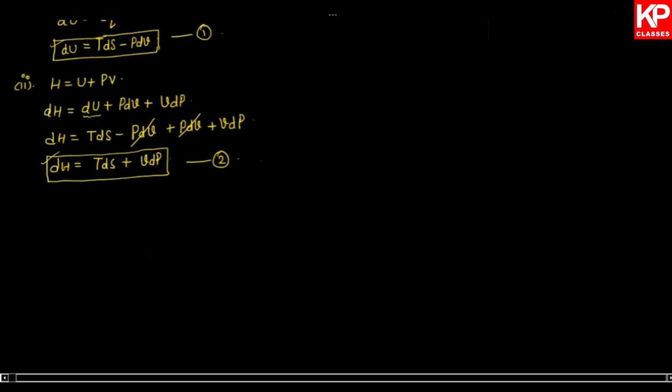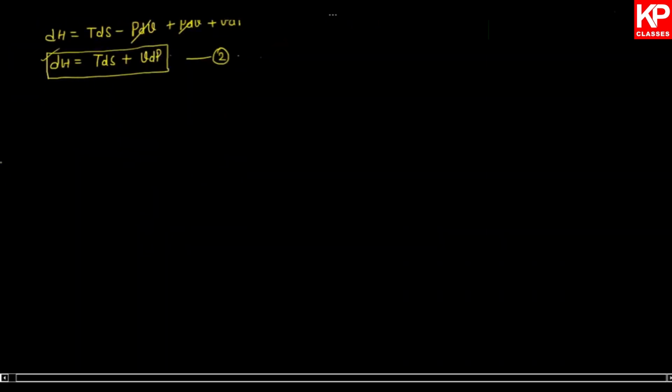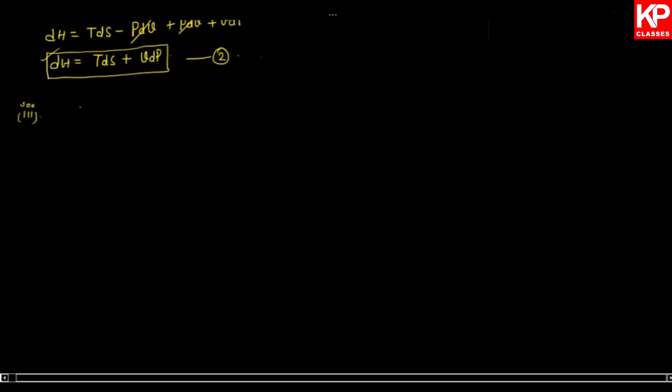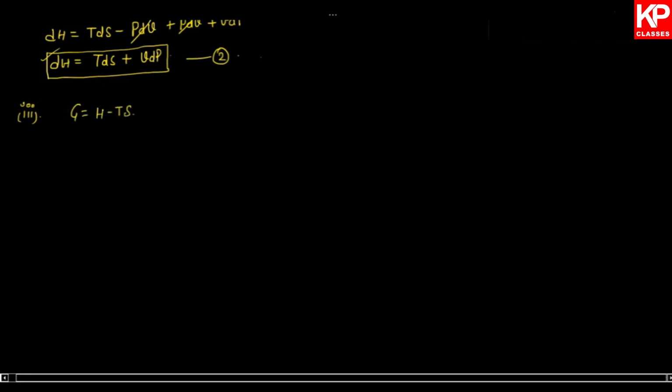All right. Very good. So then calculating for the Gibbs free energy part, we already know that G is given by H minus TS, right? So we will be just differentiating the complete expression, and it will give dG equals dH minus TdS minus SdT, right?